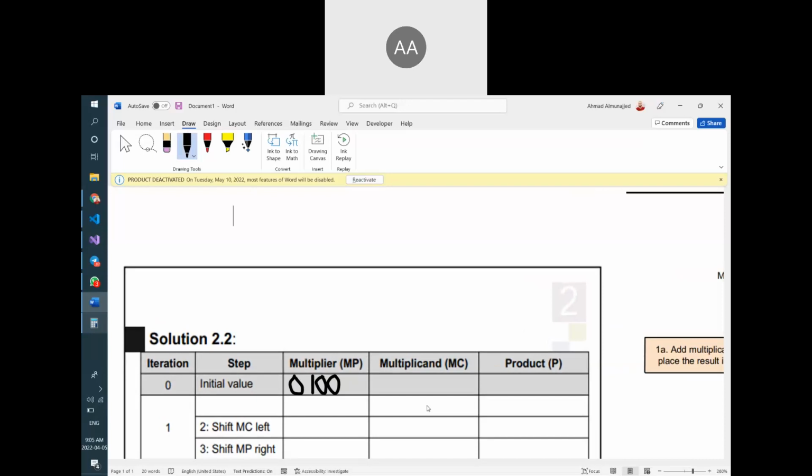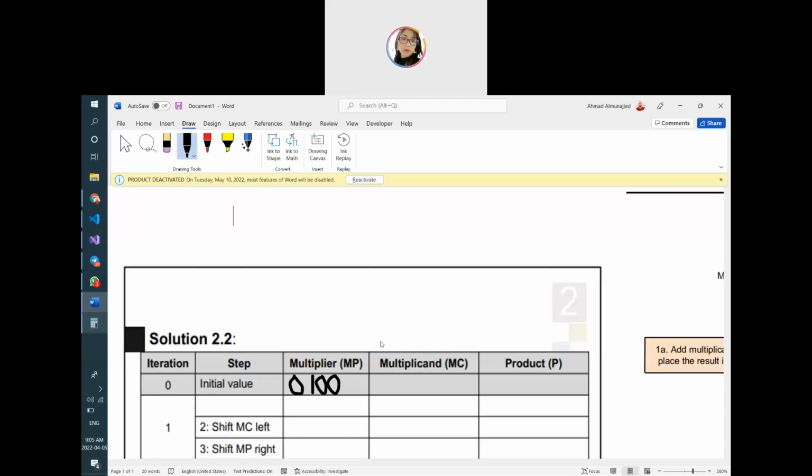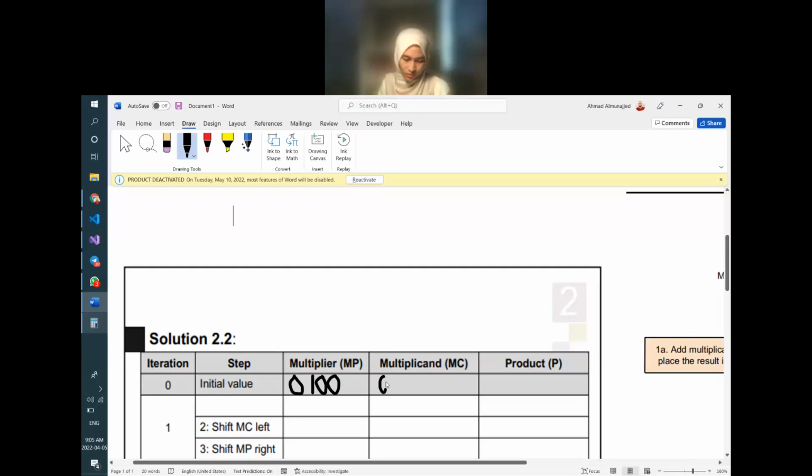Doctor, can I ask a question for a while? Yeah. Can I know, if the question asks for 4 bits or 6 bits, how many bits should the answer be, like 8 bits or 12 bits?